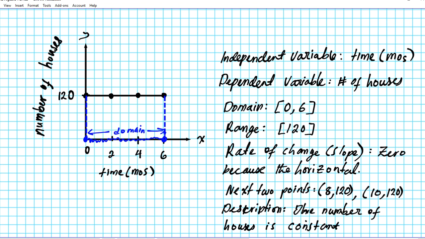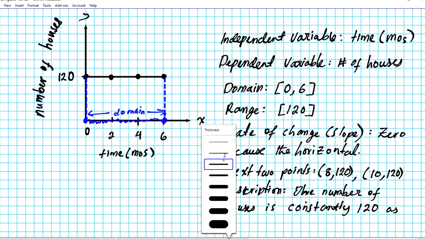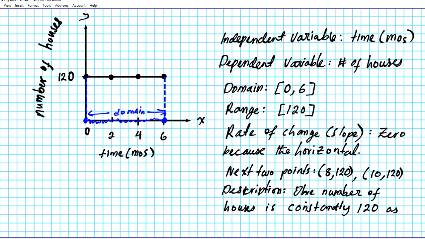The number of houses is constantly 120 as time increases. So that is the description for the graph that we have in question number 2. As time increases. All right, so that's that.